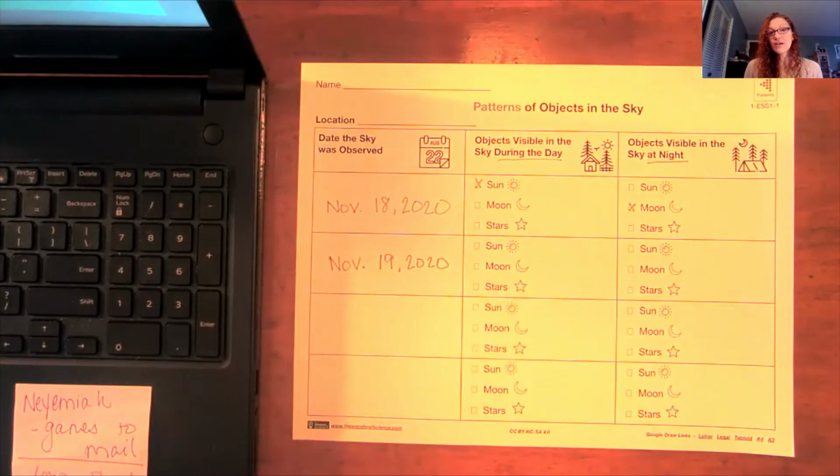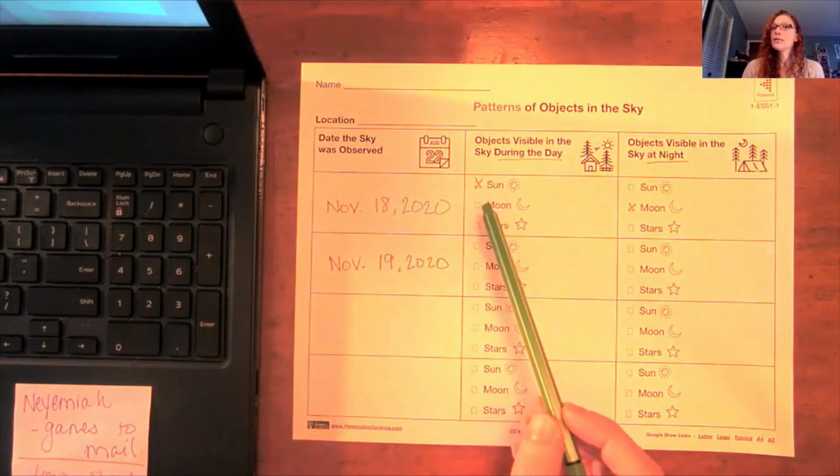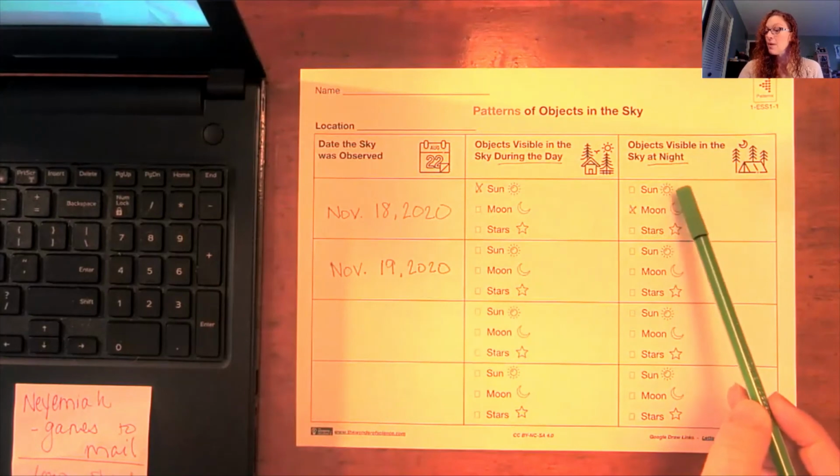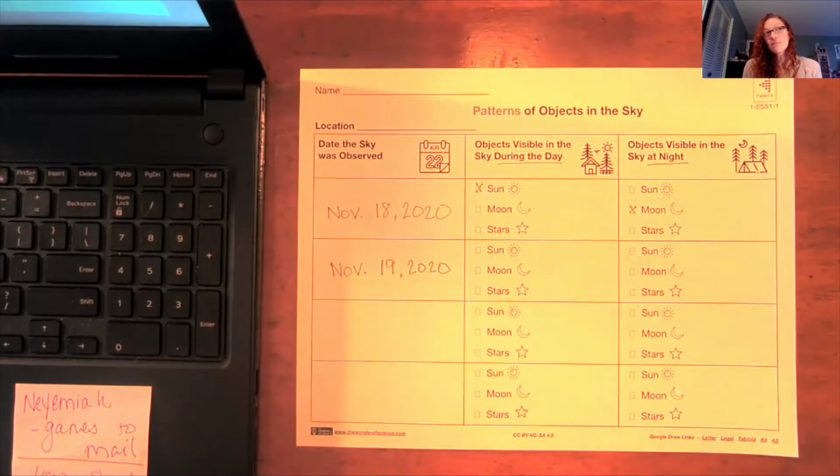If you don't see any of them, don't fill it in. But you'll probably always see the sun. Hopefully, if it's not too cloudy. But if you don't see anything at night, let me know, okay? Because sometimes you can't. And next time, we're going to learn about why sometimes you see the moon big and sometimes you don't.